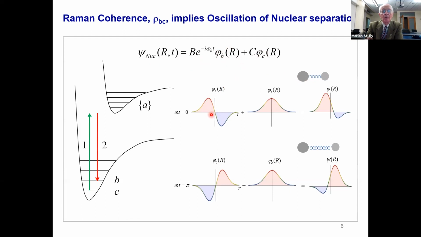So at t equals 0, let's say we have the first Hermite polynomial and the ground state, add them together, and we have a compression of the probability of finding the system with a certain elongation, capital R. Half a cycle later, when t is equal to pi over omega, we get a minus sign coming in to work for you, and the probability builds up on the right-hand side. So now the spring is expanded.